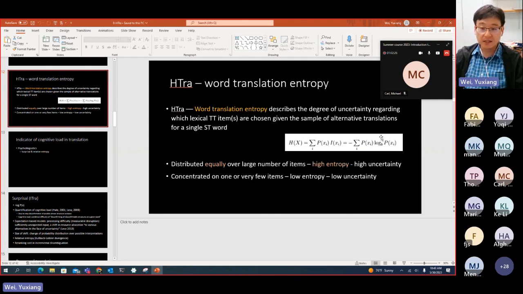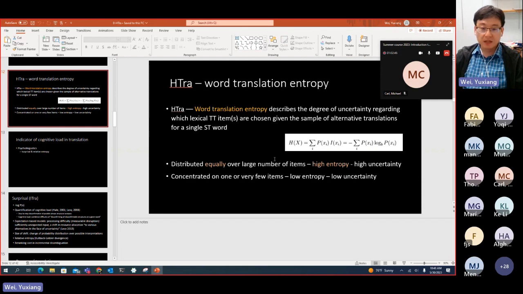Now, this is the formula that I've given previously. If all these probabilities for all the translations are distributed equally over a large number of possible translations, then the entropy will be high, and that indicates a high level of uncertainty.